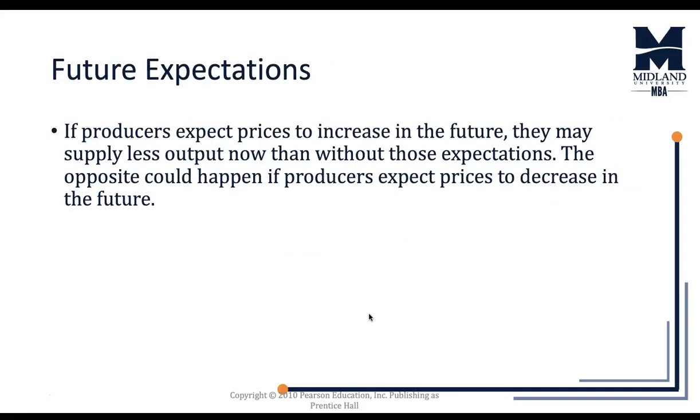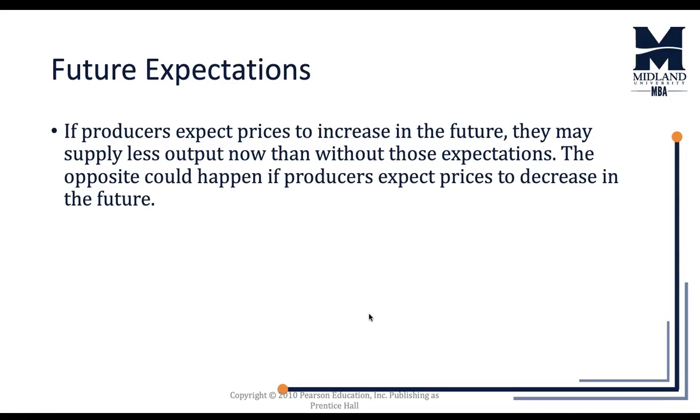Future expectations. If producers expect price to increase in the future, they may supply less output now than without those expectations. The opposite could happen if producers expect price to decrease. What's a good example? Let us say you are the marketing manager of JCPenney, right?